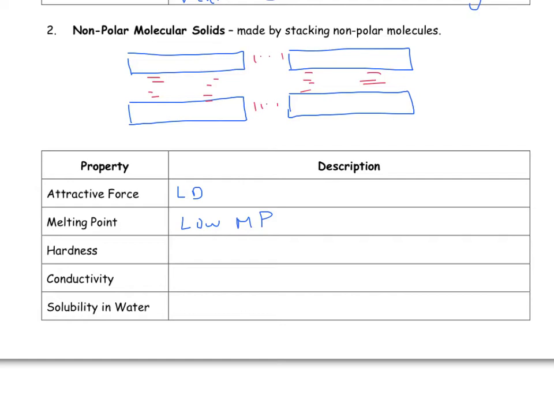It could be pretty low, like CO2, where it's a gas at room temperature, or it could be like candle wax with 40 carbons in it, fairly large molecule, so that it's solid at room temperature. In terms of hardness, because we're using a weak London dispersion force, our solid is going to be soft. In terms of conductivity, I don't have any charges, so this type of solid is going to be non-conductive.